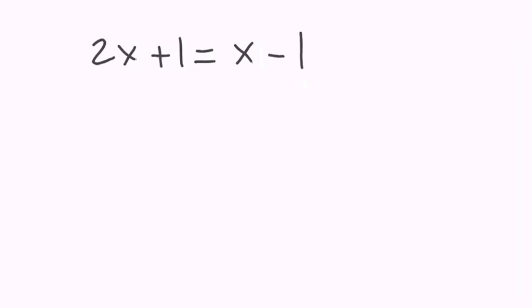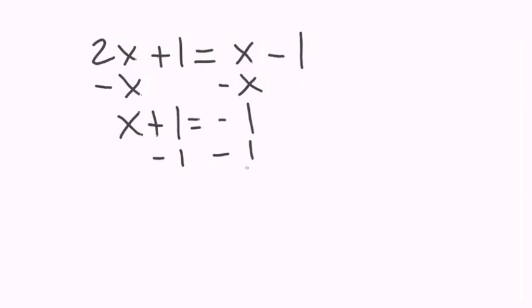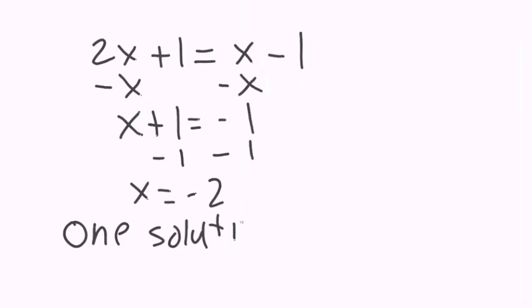This problem, as we've seen in the past, when we solve, we're going to put the variables on the same side. Subtract x to get x plus 1 equals negative 1. Subtract 1 to get x equals negative 2. And here, as you can see, there is one solution. And that solution is negative 2.